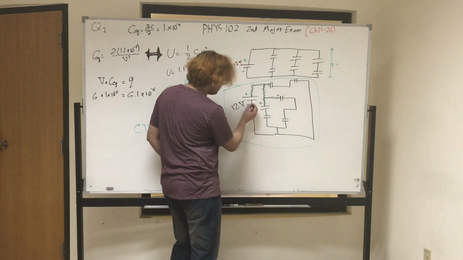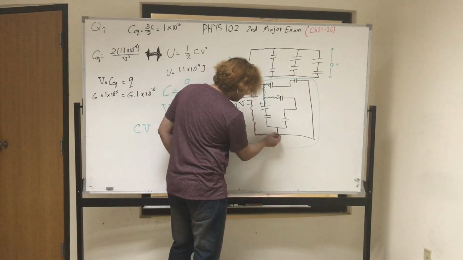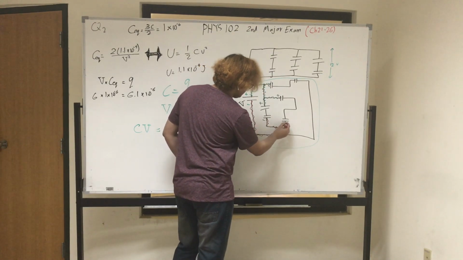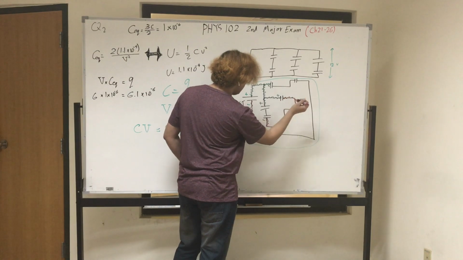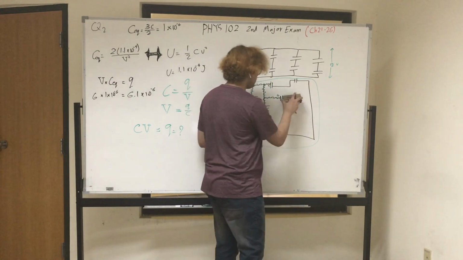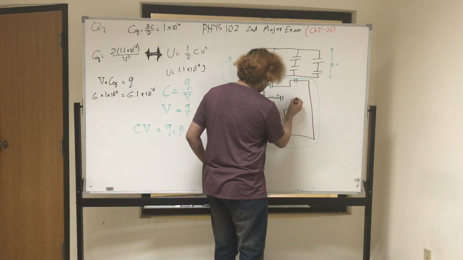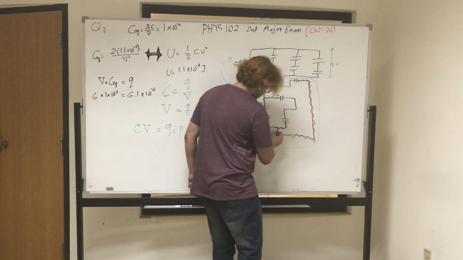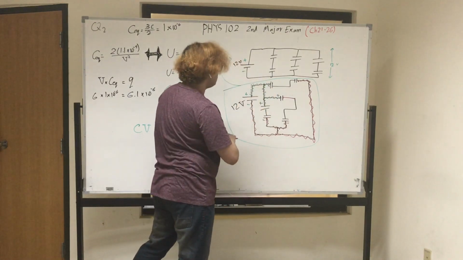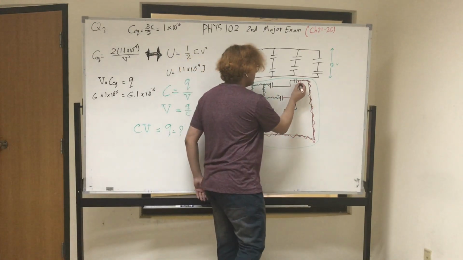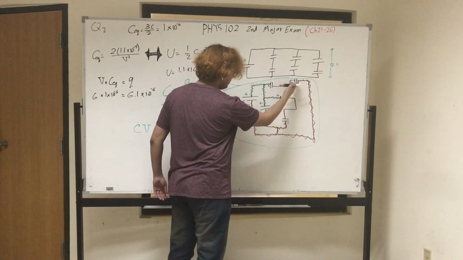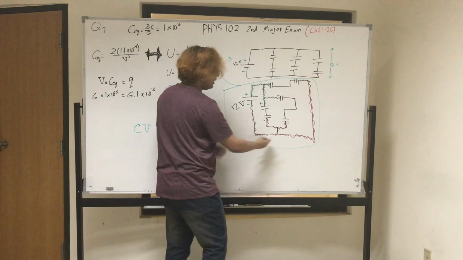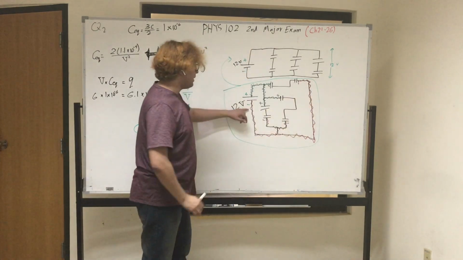The negative terminal is connected to the negative terminal of this capacitor, and this capacitor, and this capacitor. All the negative terminals of these three capacitors are connected by the same wire to the negative terminal of the battery.